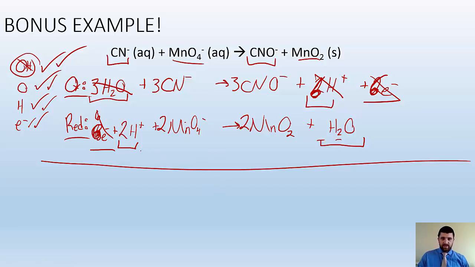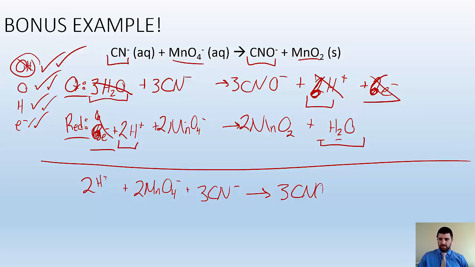And now I think I've canceled out everything I can, so I'm going to end up with 2H plus, 2 MnO4 minus, plus 3CN minus, arrow, 3CNO minus and 2 MnO2 and an H2O.